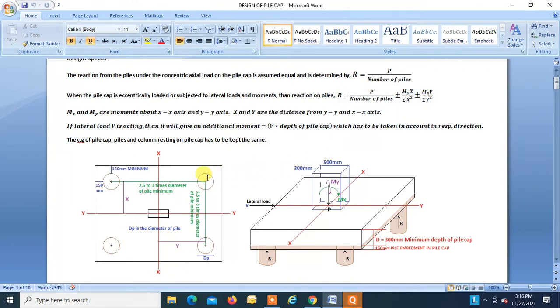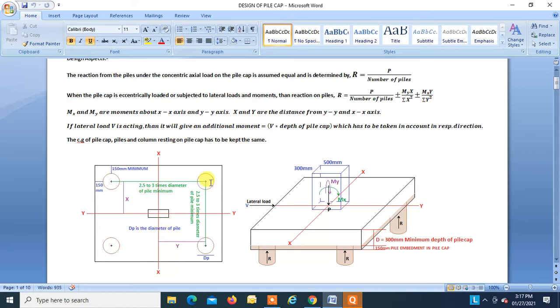Say we want to find the reaction of this pile and we have both moments Mx and My. Then the first part, P divided by number of piles, is simple, which we saw above. Then My into x.